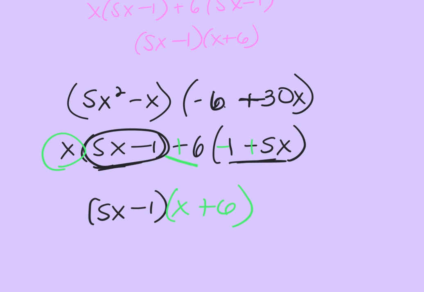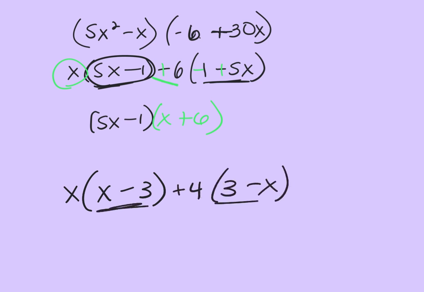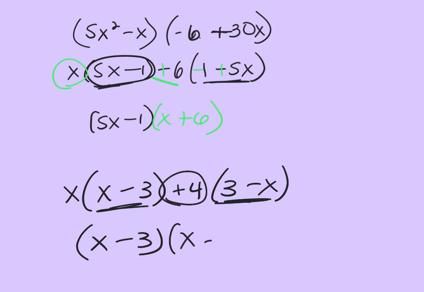So instead of going through the whole process where I have to reverse the order, let's just say it said x and x minus 3, and then plus 4 and 3 minus x. If what's inside these parentheses are opposites of each other, same terms but opposite signs, then I would grab the first parentheses, keep the x, and change the sign on the positive 4 to be negative 4. It will correct that opposite sign. So that's an option. I don't know if it comes up in the booklet, but just in case it does.